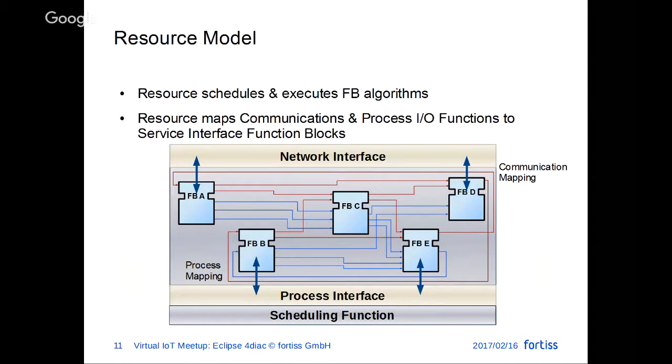And we have special function blocks which allow us to interact with the network interface or with the process interface. So function blocks like function block B or E would use the process interface to talk with sensors and actuators. This is a very important concept, because everything is encapsulated and is not implicit, it's always explicitly specified, which is quite important when it comes to correctness of your applications.